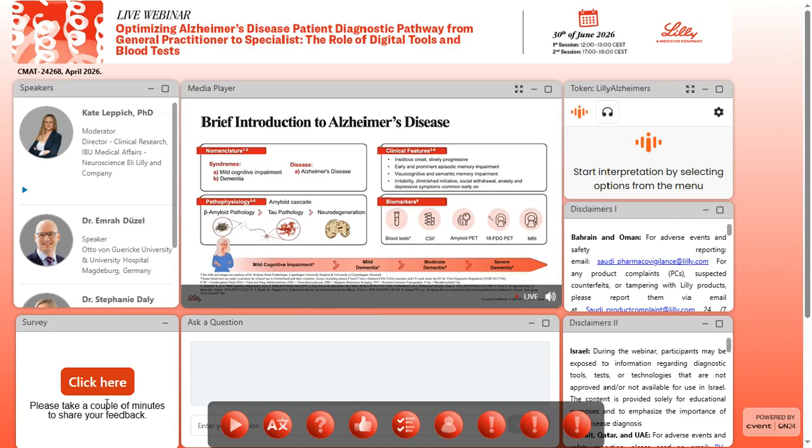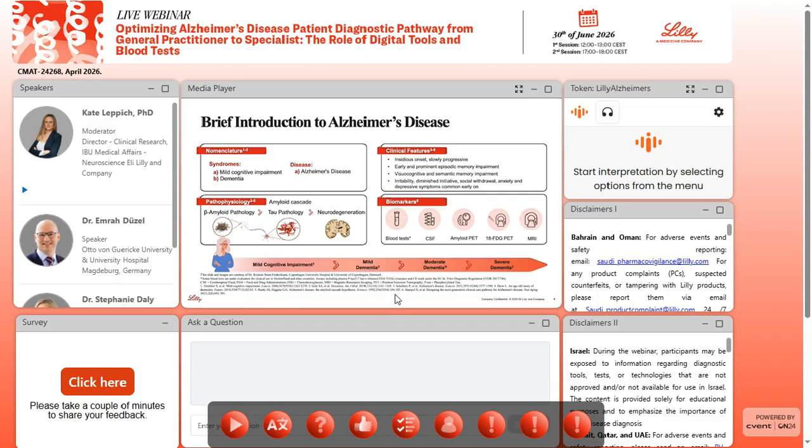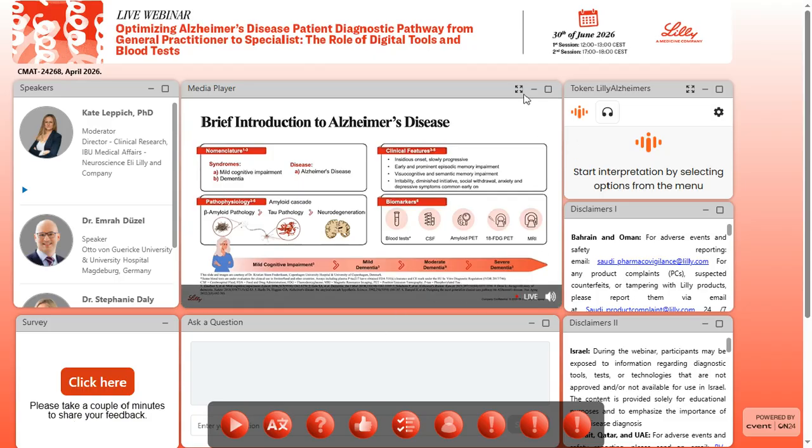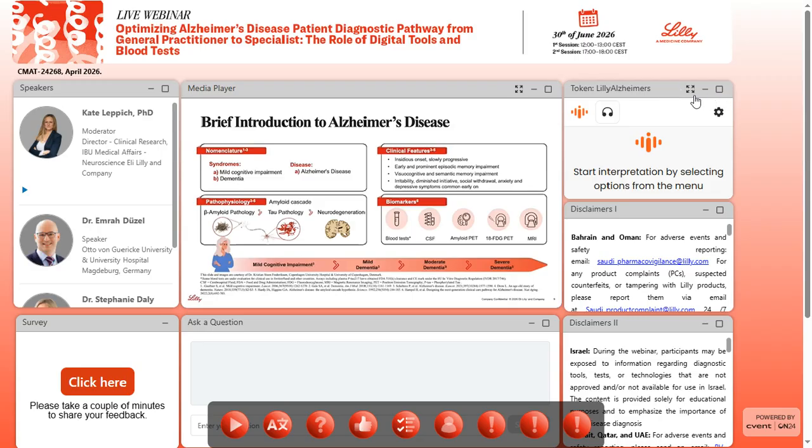All right, so Alzheimer's disease is a terrible, devastating, and progressive disease. It starts with very early and prominent episodic memory impairment, and then it affects other functional domains, and it also later changes the behavior and personality of the patient.